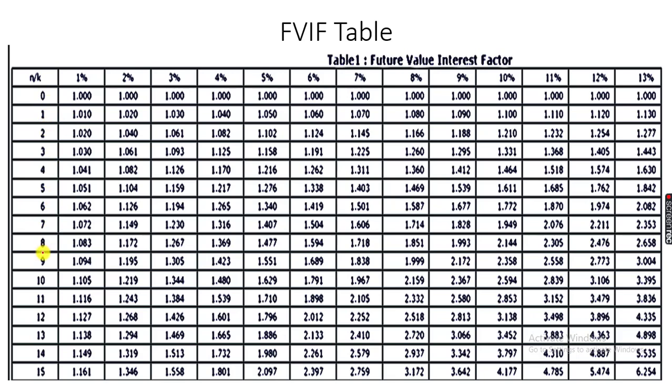Suppose I am considering a 6% interest rate, or rate of return on investment, and my investment duration is 5 years, then the future value interest factor for this combination we can map to 1.338. So, I can take this 1.338 and multiply it with the amount invested to find out the future value.